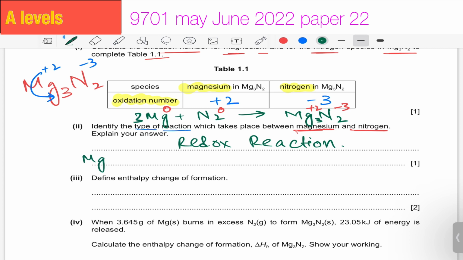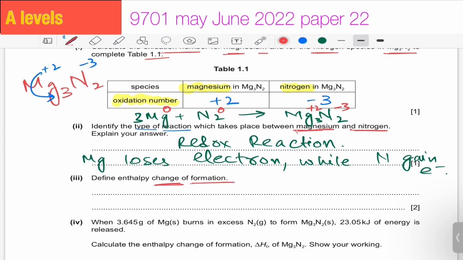So Mg loses electrons while nitrogen gains electrons. All right, define enthalpy change of formation. Now this, you just have to write the definition.